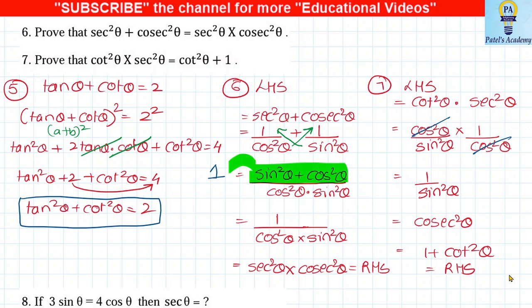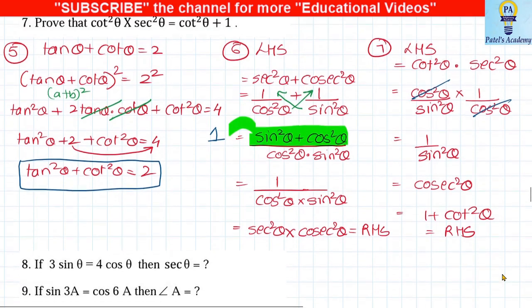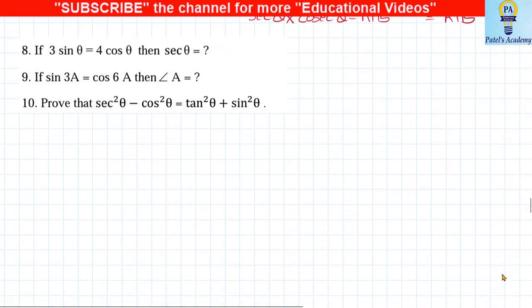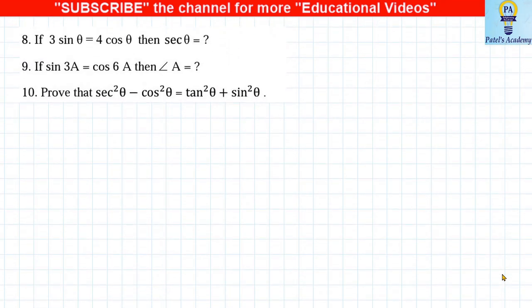Okay, students, now let's see the next one, number 8. The eighth sum is here: 3 sin theta equals 4 cos theta.